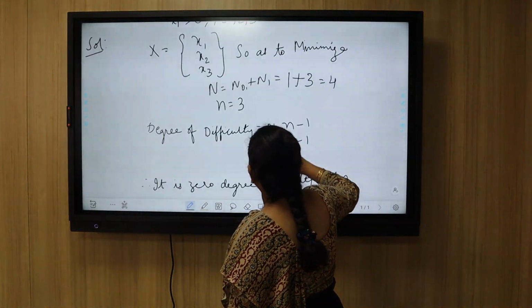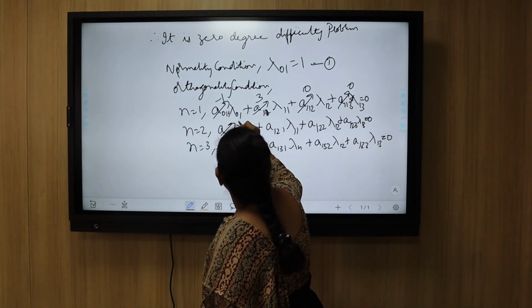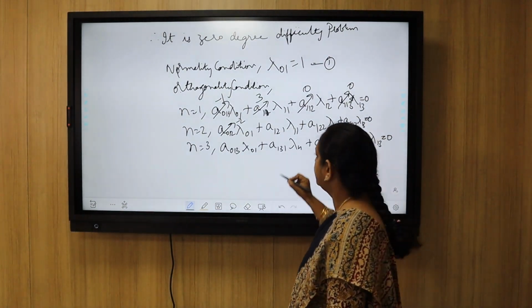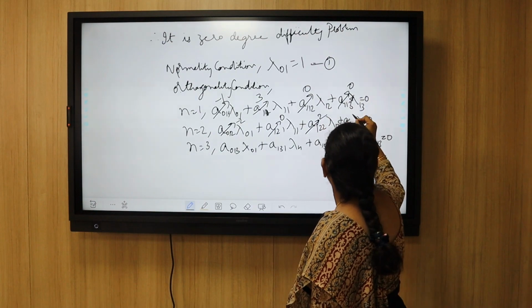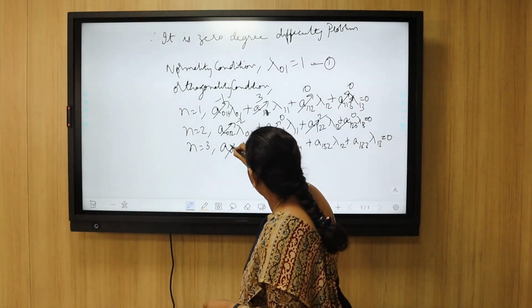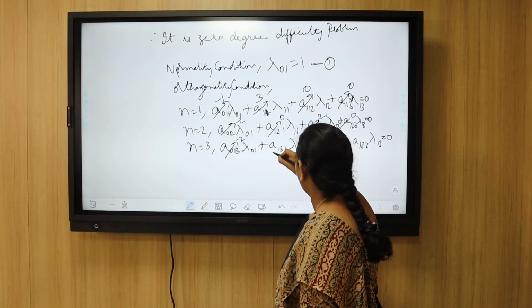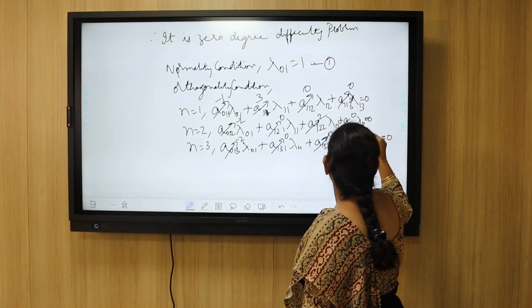Then coming to the x2 value, it is -2 and 0, 2, 0. Then coming to the x3 value, -2, 0, 0, 0, 0, 1.